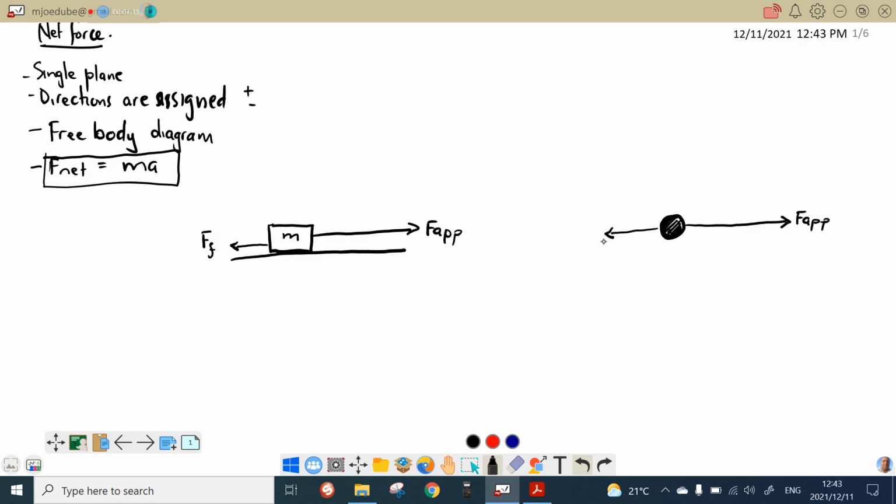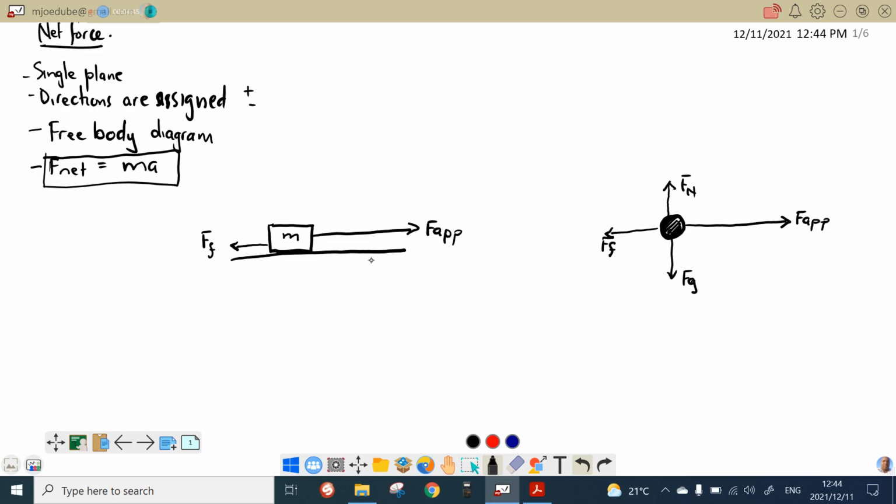And then you also would have the forces acting in the vertical direction, and they would be the same size, because there is no net movement in the up or down direction. So this here is your F normal, which should be equal to your Fg, which is the weight of the object. It remains on the ground.